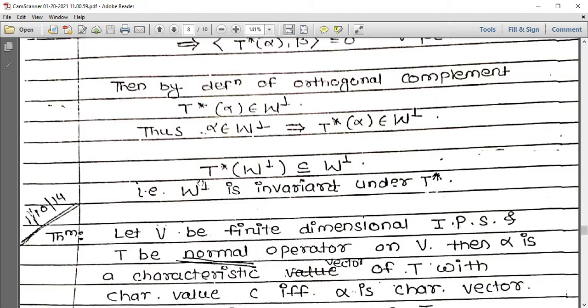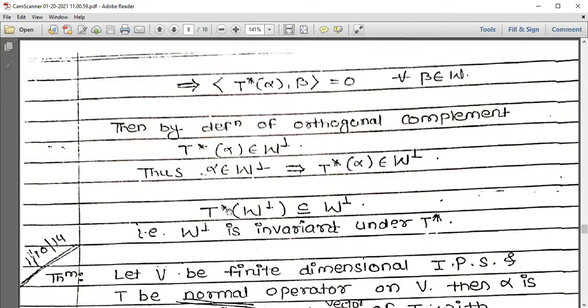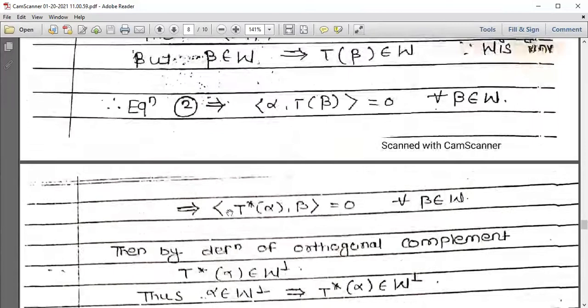It means that T star of W perp is contained in W perp. That is, W perp is invariant under T star. So this is the proof of the theorem.